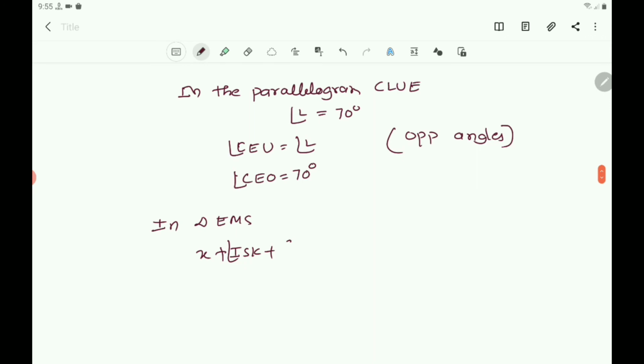Angle CEU must be equal to what? 180 degree. That is the angle sum property of a triangle.